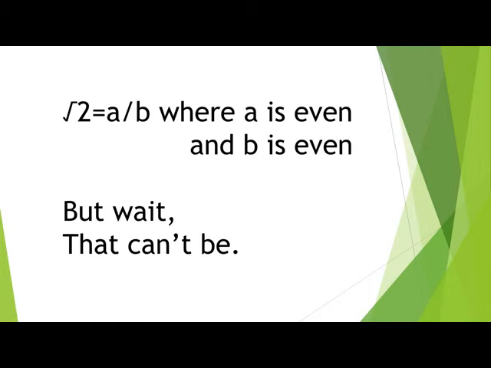We claimed that a and b were relatively prime numbers, but we've just shown that they're both divisible by 2. This contradiction counters our original assumption that there was such a rational number that the square root of 2 is equal to. We assumed we could write the square root of 2 as some fraction, but it turns out that that is impossible. Square root of 2 cannot be expressed as a fraction and is an irrational number.